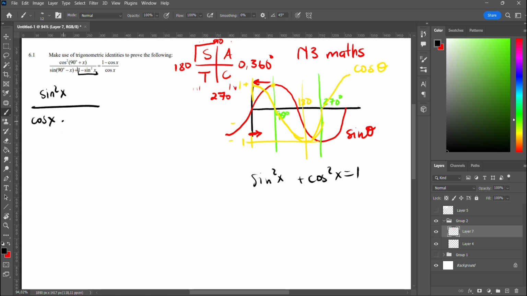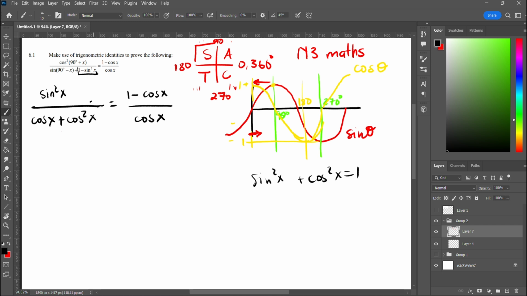If it's just that, you just know that it is plus cos squared x. Sorry, not cos x squared, cos squared x. Equals 1 minus cos x over cos x. So we're trying to prove that the left side equals the right side.